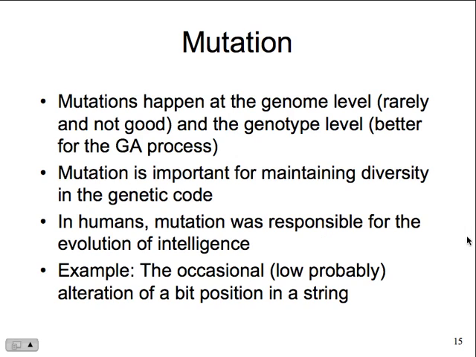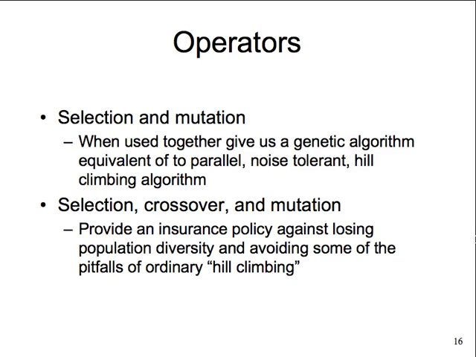In humans, mutation was responsible for the evolution of intelligence, according to some of the evolutionary people. That's how we got smart, from mutation. Not to say that the caveman wasn't smart. Who knows? That's a philosophical conversation in itself. An example here is the occasional low-probability alteration of a bit position in a string, so randomly mutating by changing bit positions, perhaps.